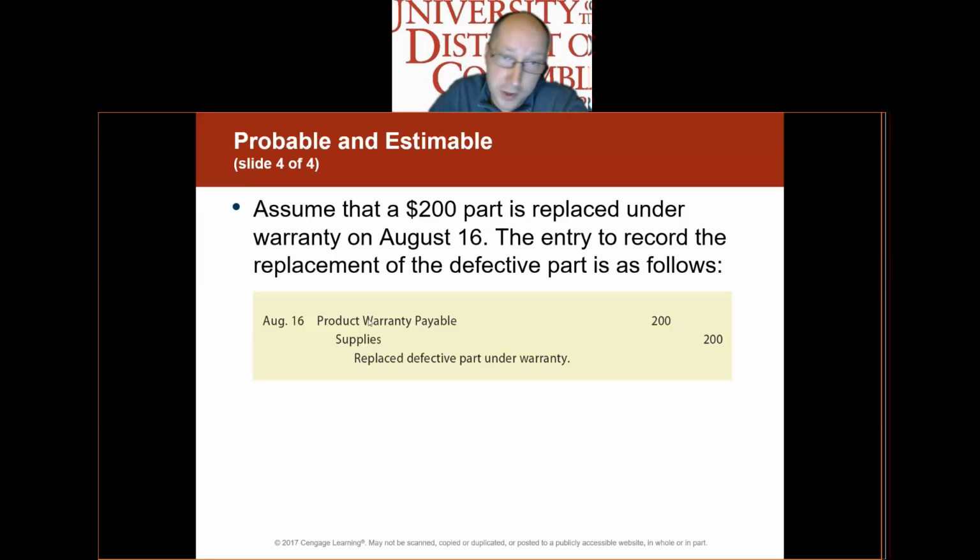Typically, there's some wages involved when you make a repair. So let's assume that a $200 part is replaced under warranty on August 16th. The entry would be the following to replace the defective part. We debit product warranty payable and we credit supplies.